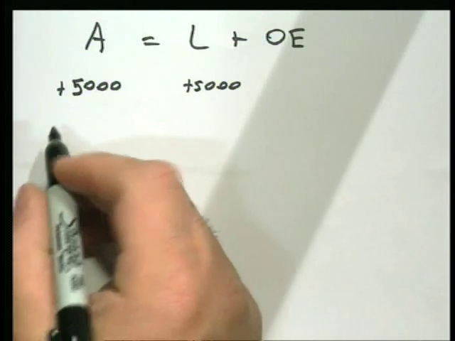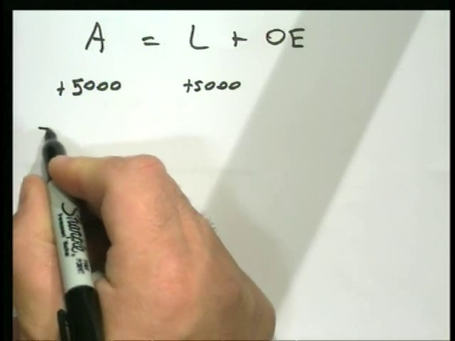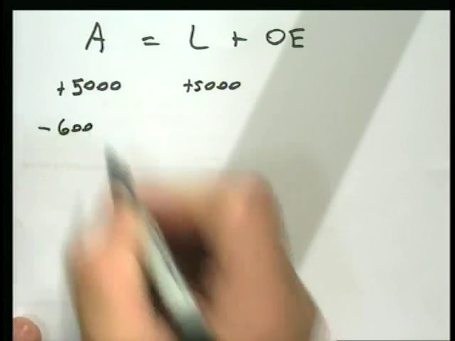Let's say that you used $600 of that money to go buy a laptop for your business. Okay? You use $600 of that cash to go buy a laptop. Well, how would that affect the accounting equation? Well, one asset would go down. Your cash would go down by $600, right?